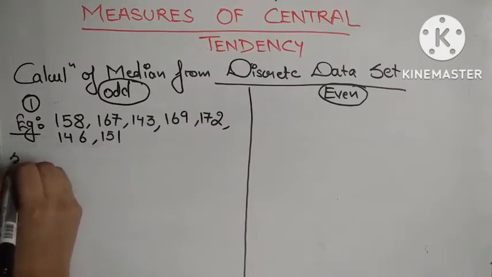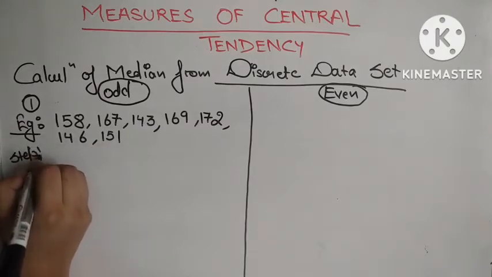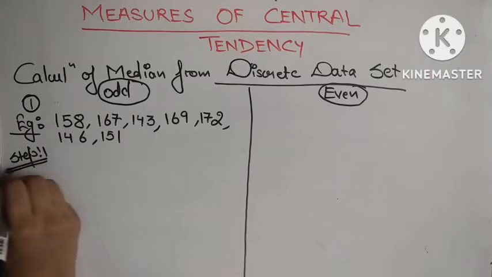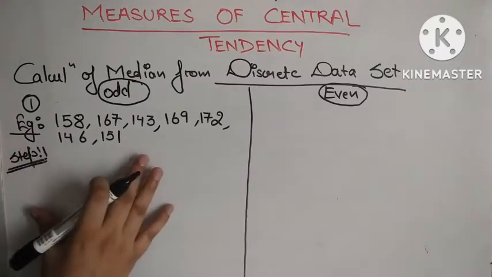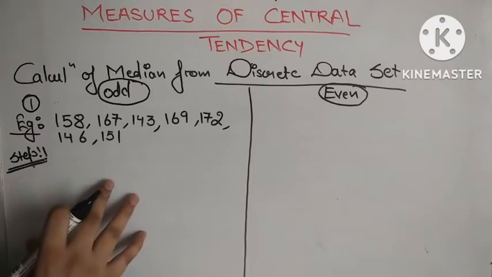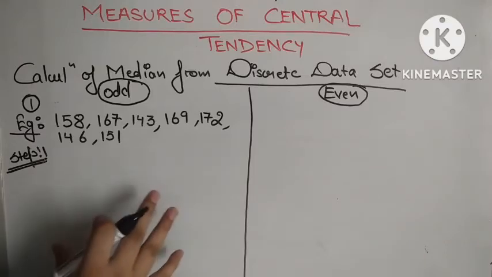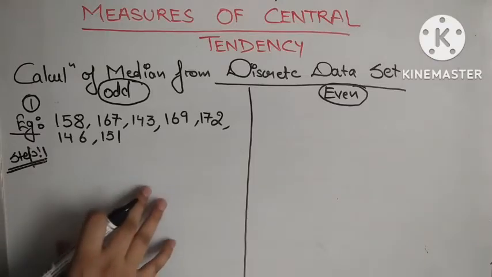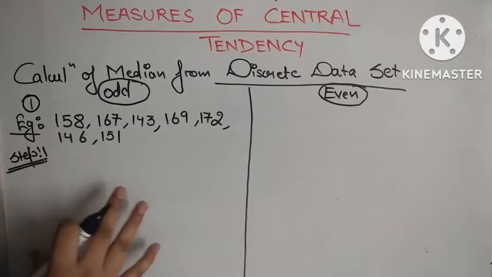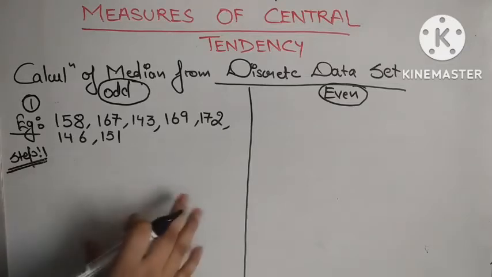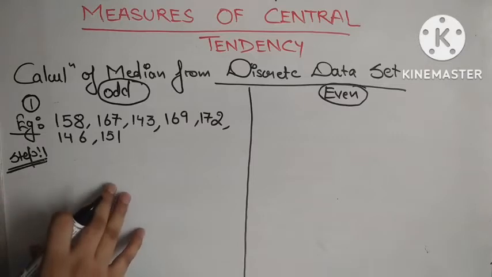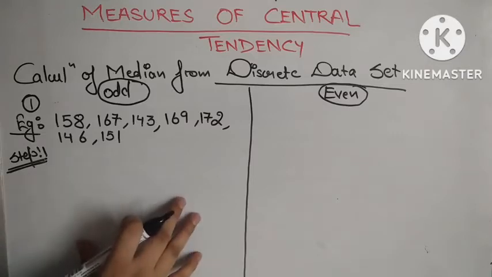First step, so stepwise we will do it. It will be easy for us. Even if you know how to calculate the mean or median, make sure in the exam, if the question comes, we should not go in a hurry. Why? Because these simple questions can fetch you marks.